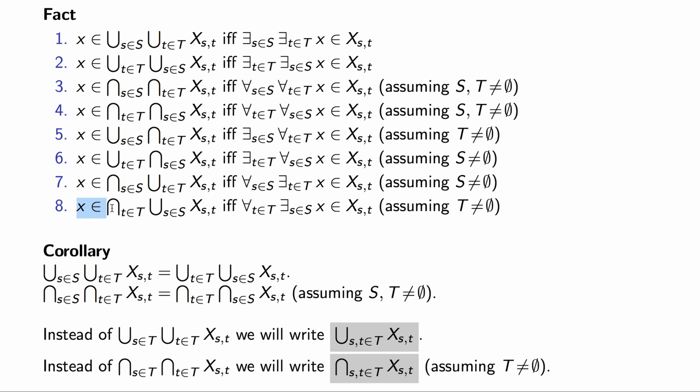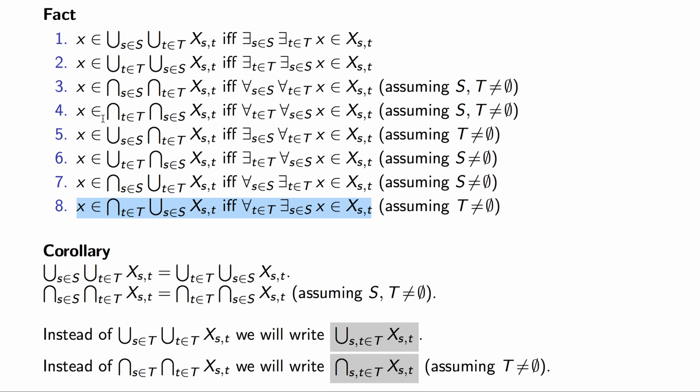So what we established so far is listed here in item 8, but other arrangements of unions and intersections are explored, excuse me, in the other points.